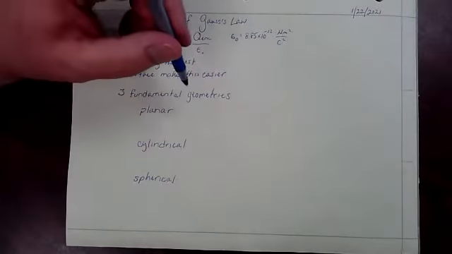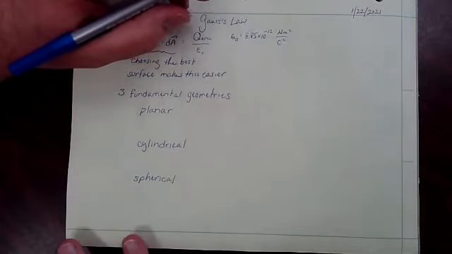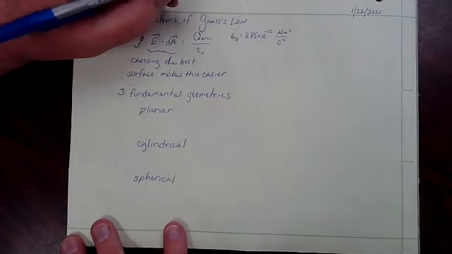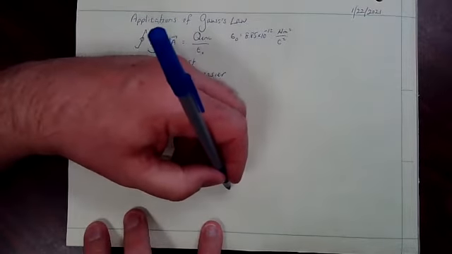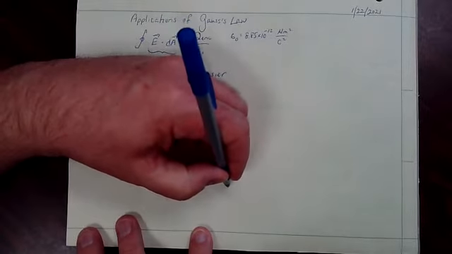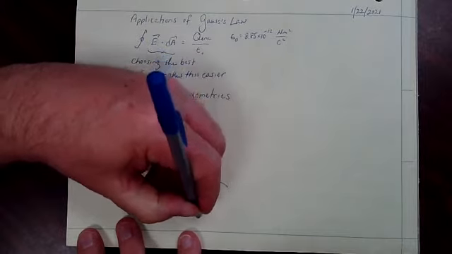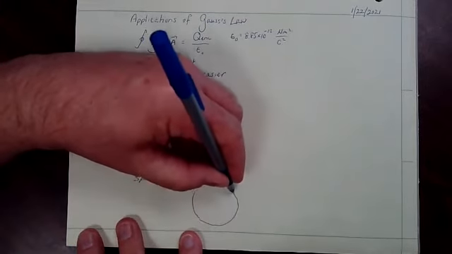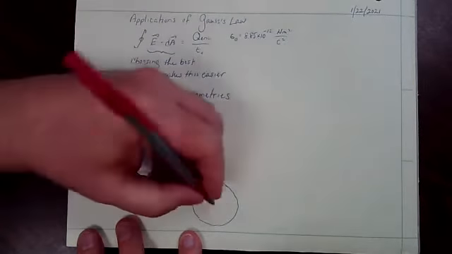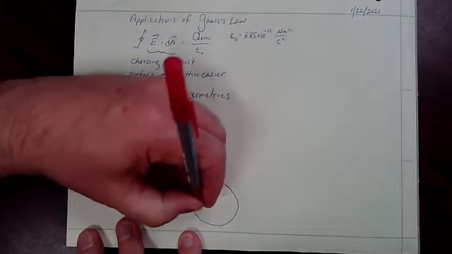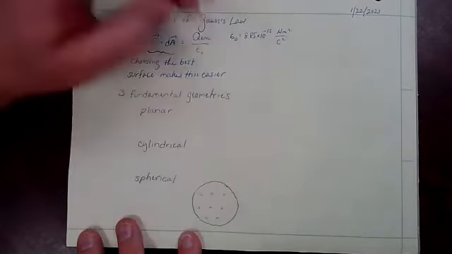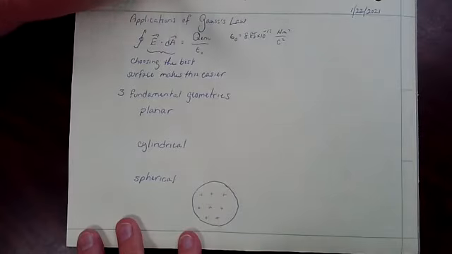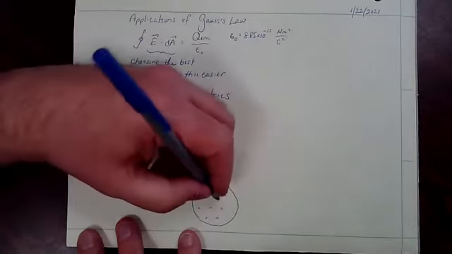I'm actually going to start with spherical because I think that's the easiest one to imagine. So let's suppose we have some uniform sphere of charge. I'll put some positive charges in here. And then our Gaussian surface of choice is going to be a little sphere.